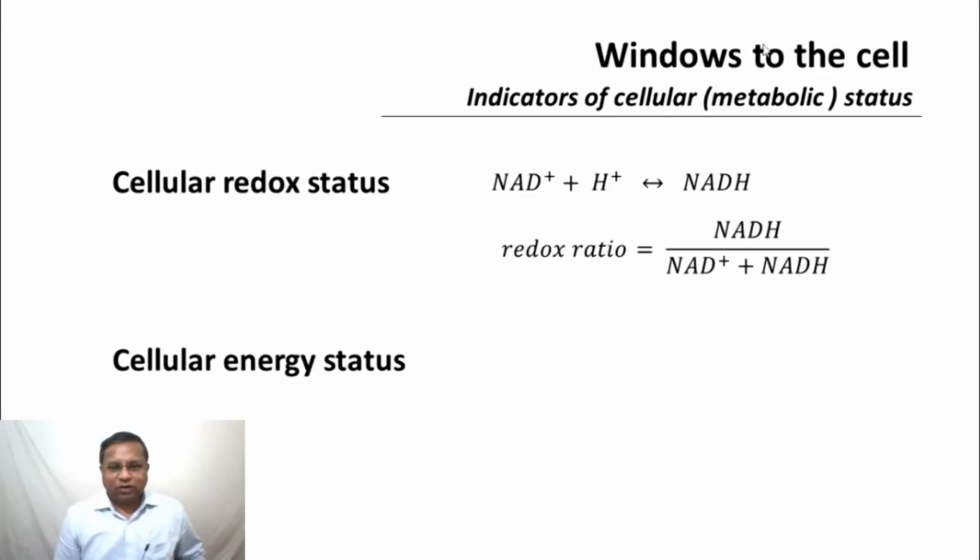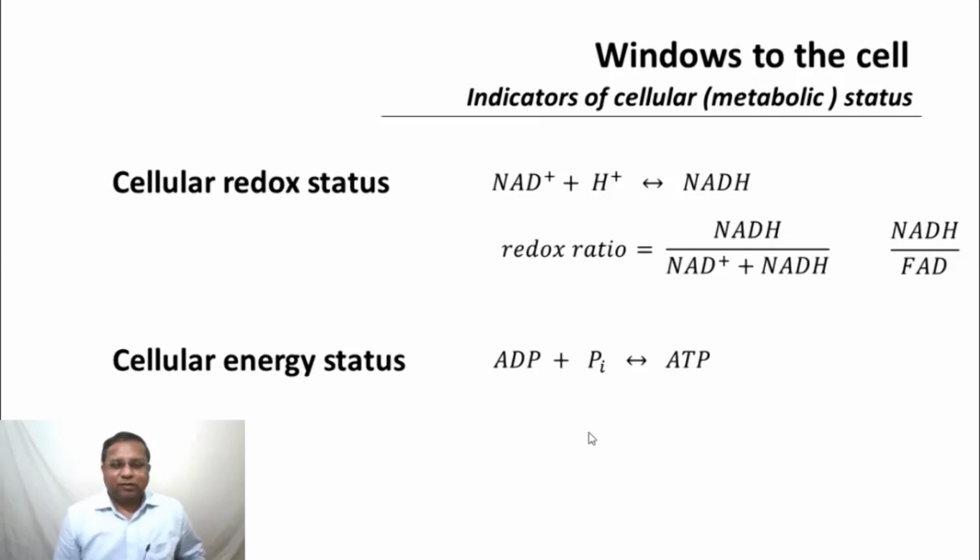Here it is redox ratio, the NADH divided by the total NADH pool, which consists of NAD plus and NADH. Okay, this is the redox ratio. Similarly, in some situations, the ratio of NADH to flavin adenine dinucleotide, another important such molecule, is also taken to be the redox ratio.